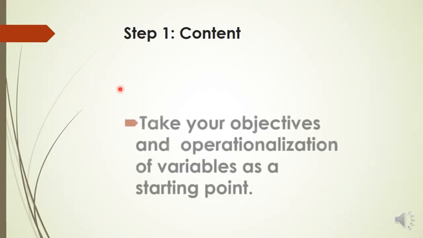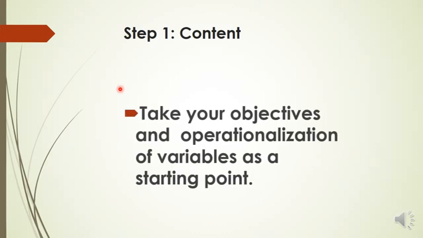Let's see a little bit more about the content. Let's study it a little bit more in depth. When considering the content, take your objectives and operationalization of variables as a starting point. Remember that every question or every item you prepare is based on an indicator of the operationalization of the variables.